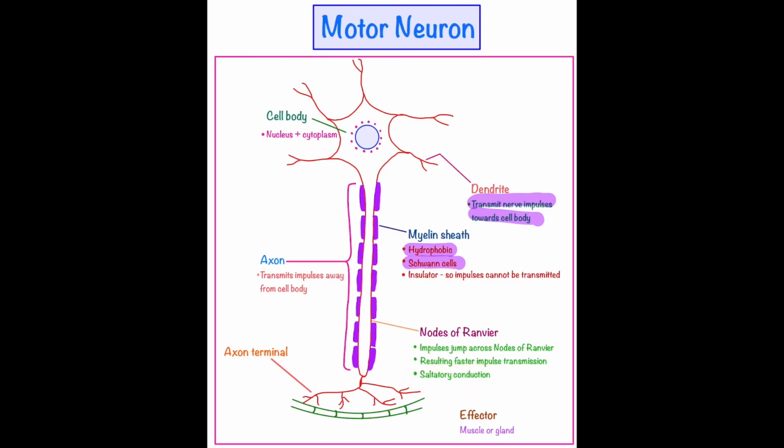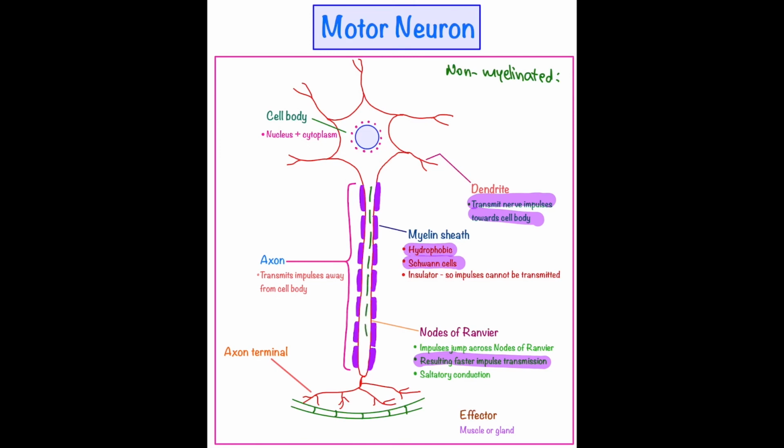Clear? So ultimately the role of the myelin sheath is to give us a faster impulse transmission, a faster nerve response. Clear? If we talk about the neurons which are non-myelinated, meaning the impulses can be easily transmitted here, right?